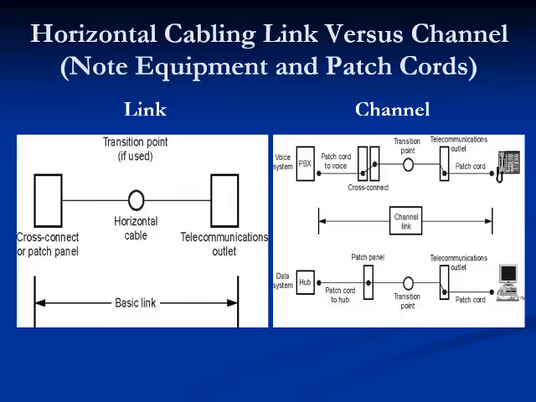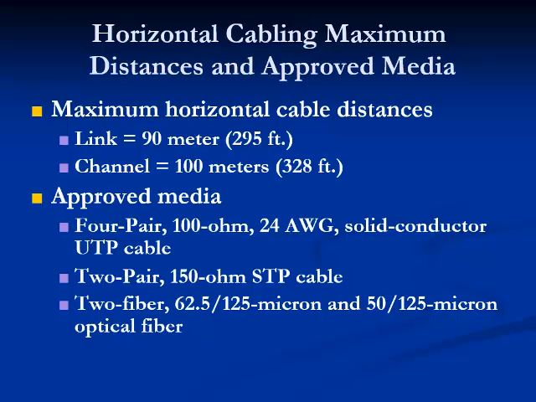The maximum distance for a horizontal link is 90 meters or 295 feet and 100 meters or 328 feet for a channel. To review the requirements per the standards, the maximum horizontal cable distances are 90 meters or 295 feet for the link and 100 meters or 328 feet for the channel.